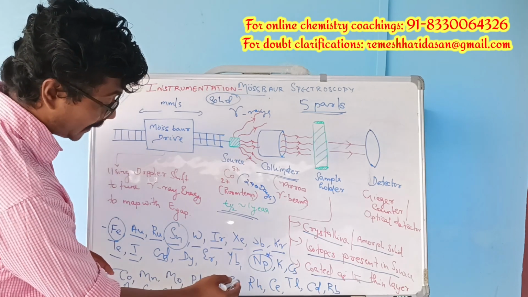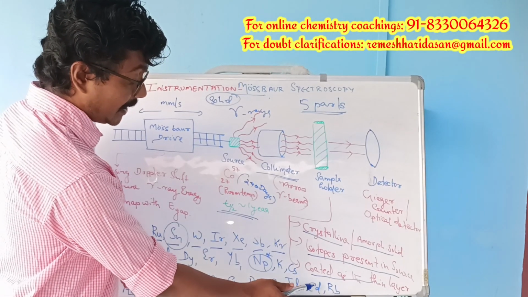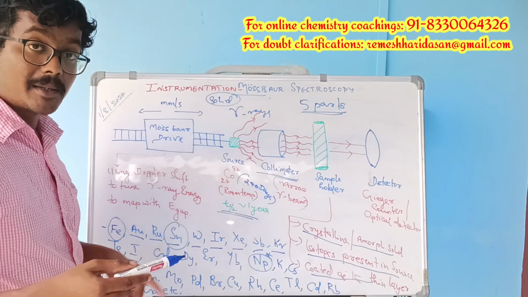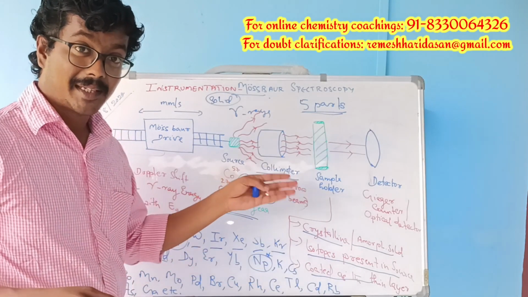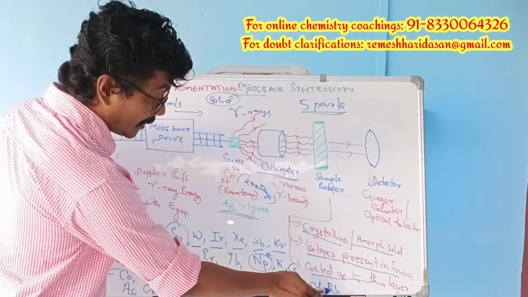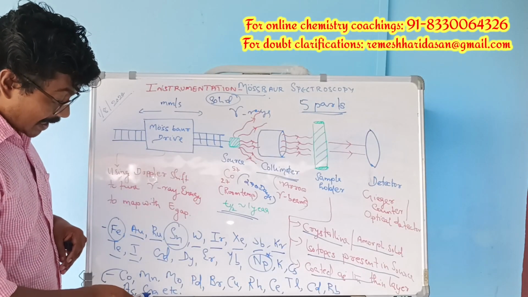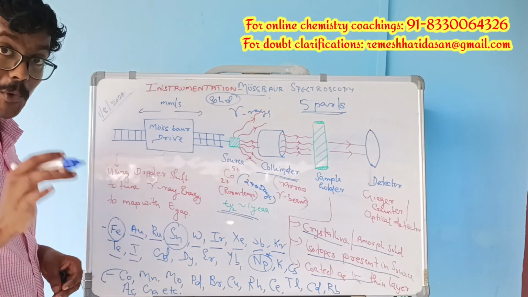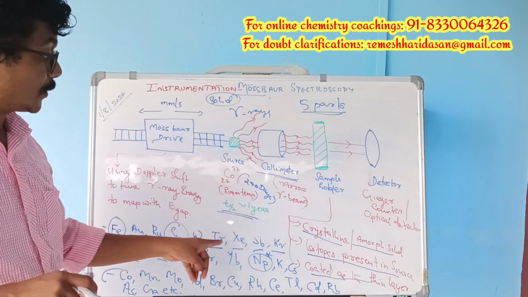Then molybdenum, palladium, bromine, copper, rhodium, cerium, thallium. Cadmium, on beta decay, provides this as well. Then rubidium, arsenic, and gallium, etc. These are the MOSFET sources, not active nuclides. That's the difference. These are the active nuclides.